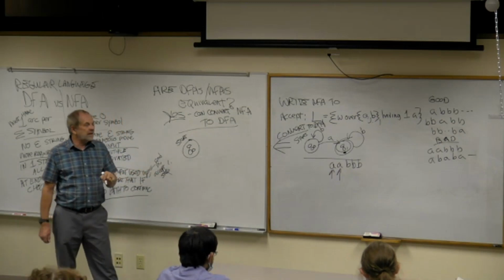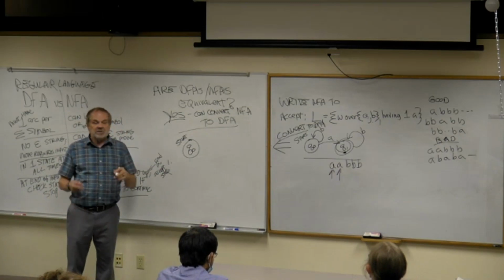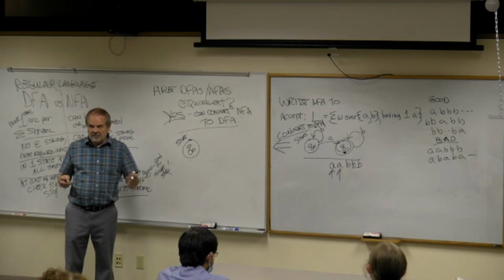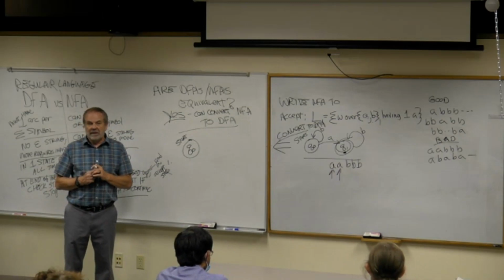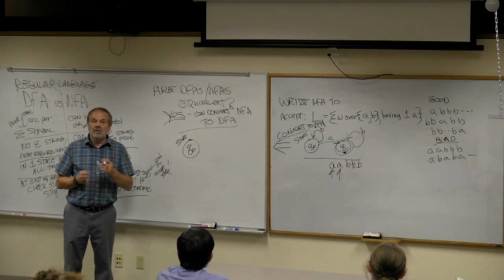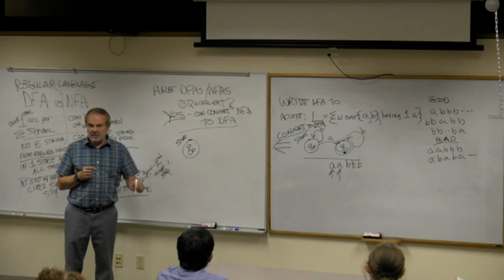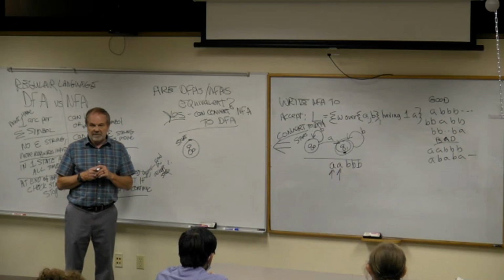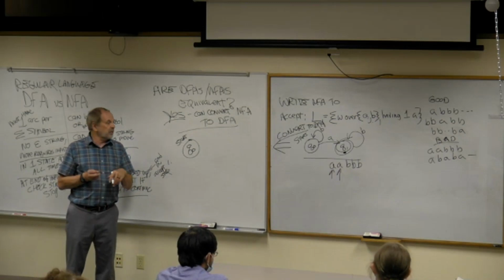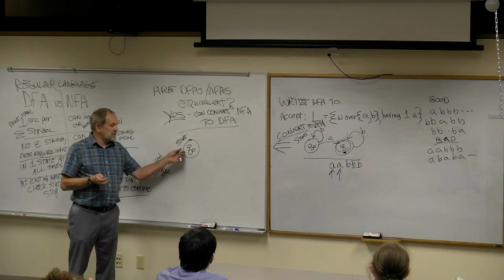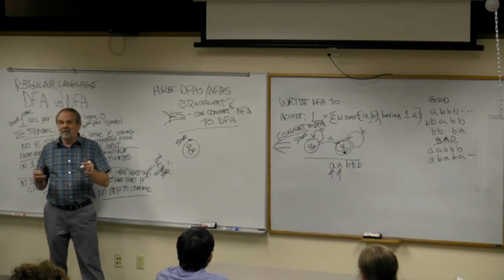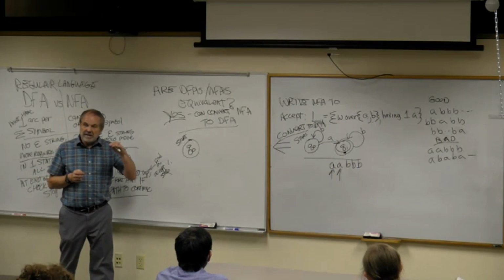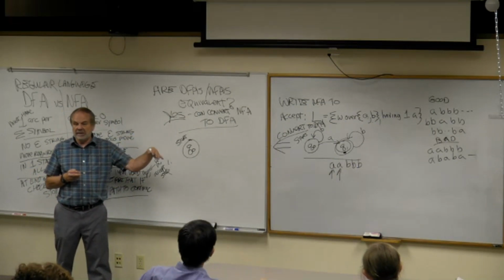If it can't go anywhere on that symbol, create a new state that's a null state that loops on itself and make a transition on that symbol. So starting from the start state, for each symbol in the alphabet, figure out what state or states the NFA could be in, and make a new state representing either the single or multiple states that the NFA would occupy.